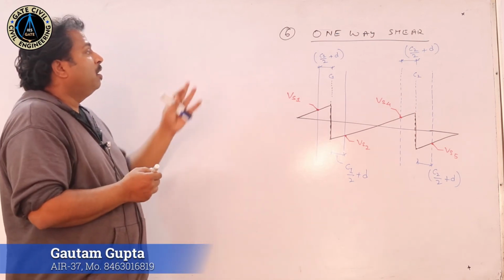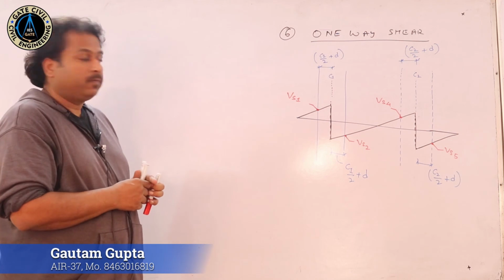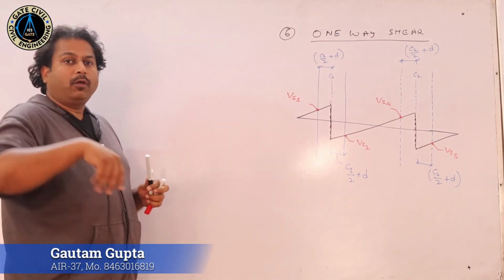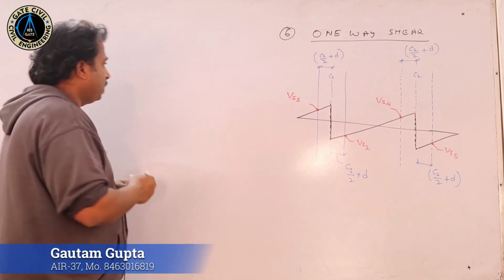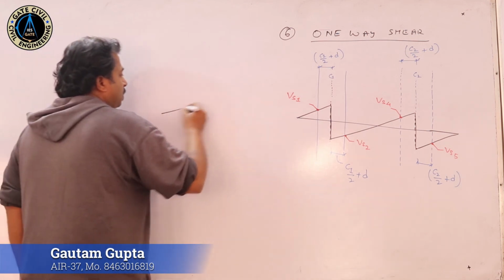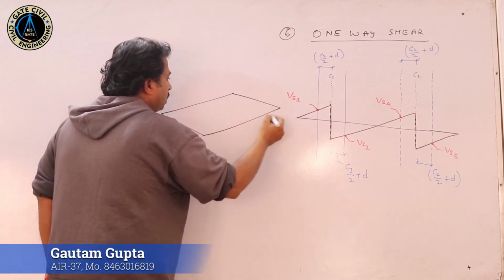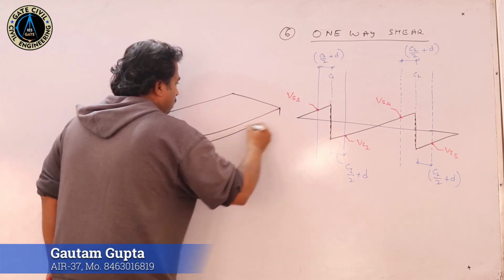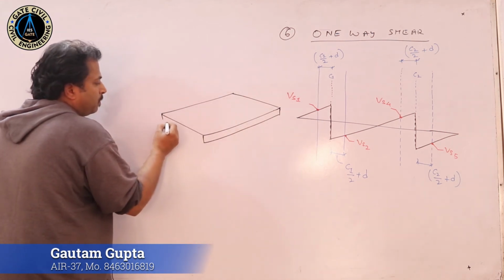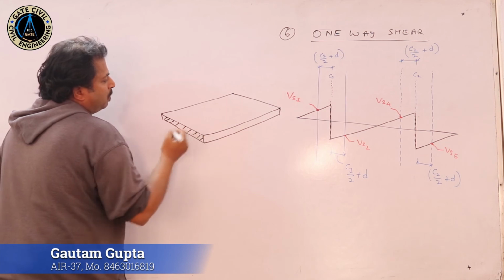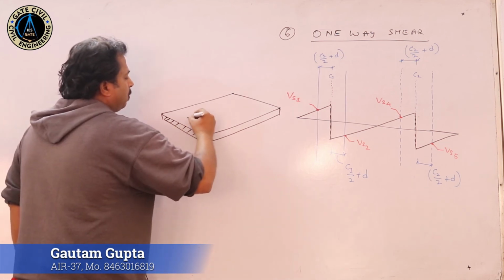Now, when we talk about one-way shear, it is calculated along the width B. This is the section. Okay, this was your column.